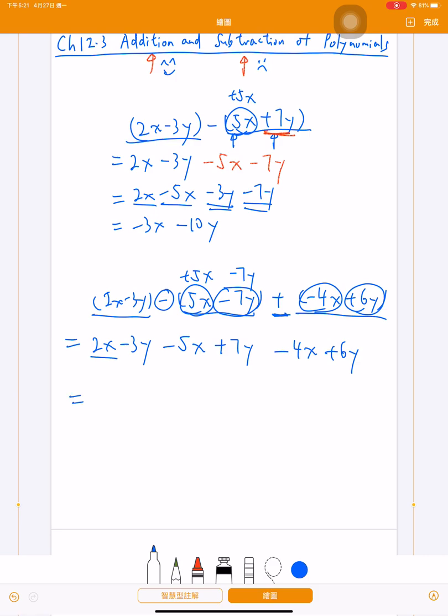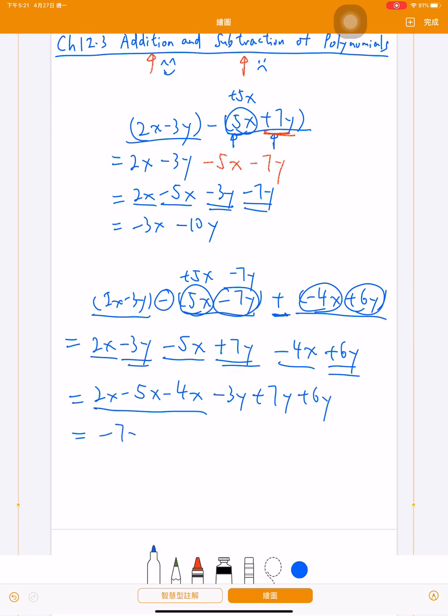Then arrange these like terms, 2x minus 5x, and then minus 4x, and then these 3 are like terms also, so plus 7y plus 6y. And then calculate this one, 2 minus 5, negative 3, and then minus 4 is negative 7. This one, negative 3 plus 7 is 4, plus 6 is 10, so plus 10y. Okay, understand?